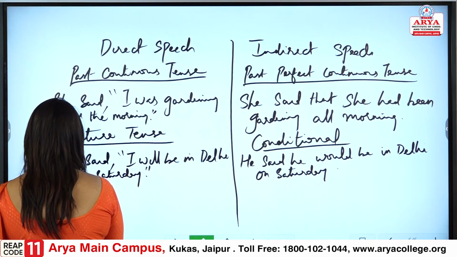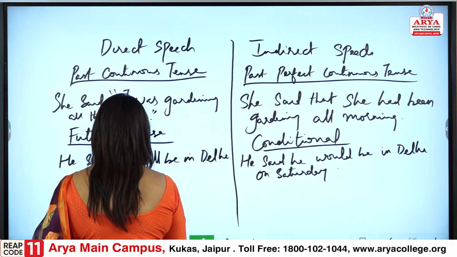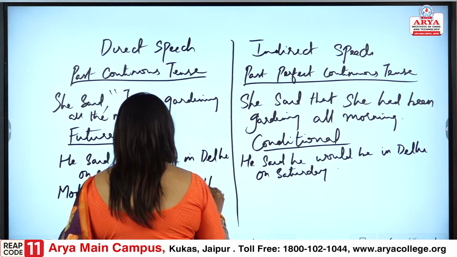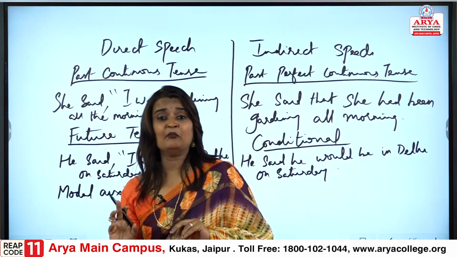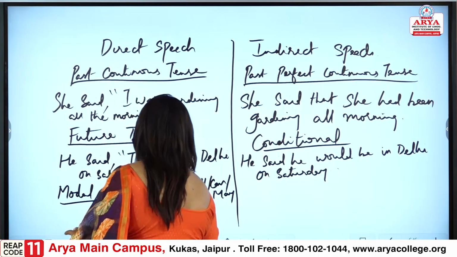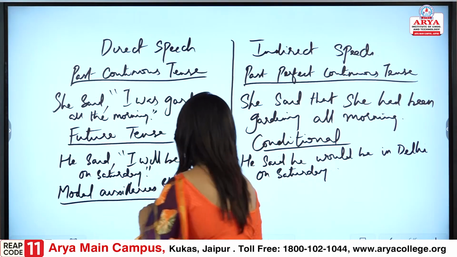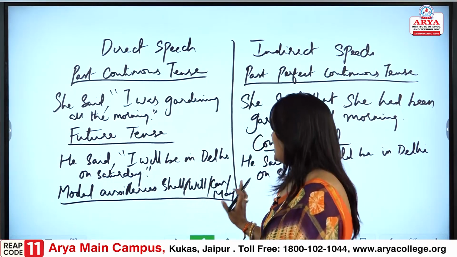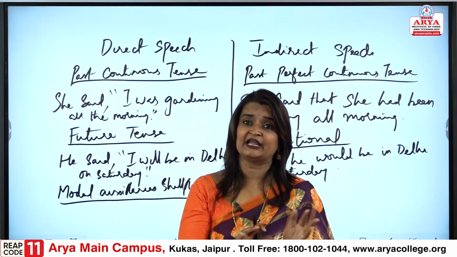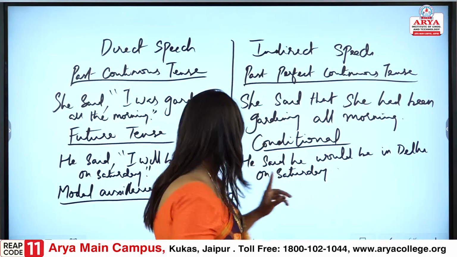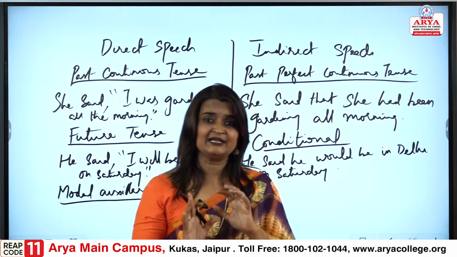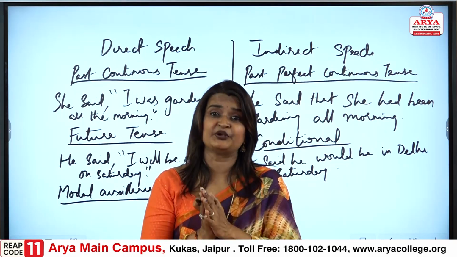When we are talking about modal auxiliaries like shall, will, can, may, when we are changing them from direct to indirect speech, what changes would they have?